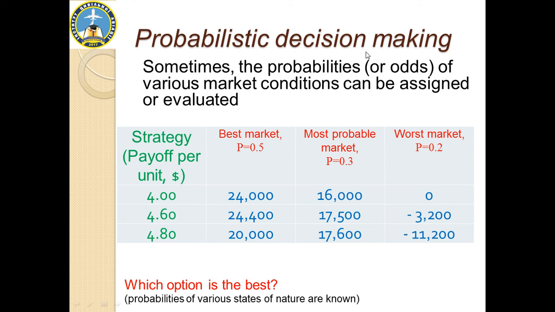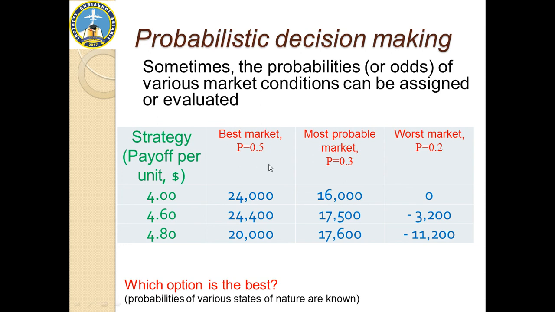We can artificially assign some probabilities to these different market conditions, or evaluate using market surveys, and there are different methods to obtain these probabilities. But anyway, we're given these probabilities.